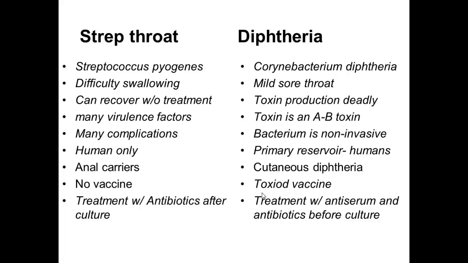Do you guys remember what other, and we actually usually give both of these together in one shot. What other toxoid, what other infection did we talk about that's actually a toxoid? We talked about it under wound infections, especially under anaerobic conditions, as a spore former and it will germinate.